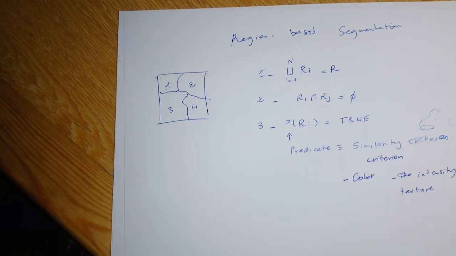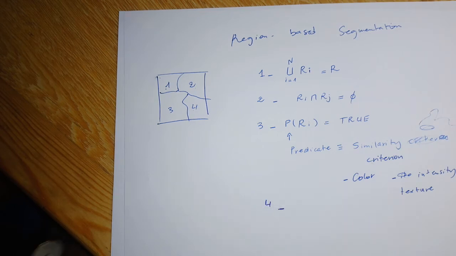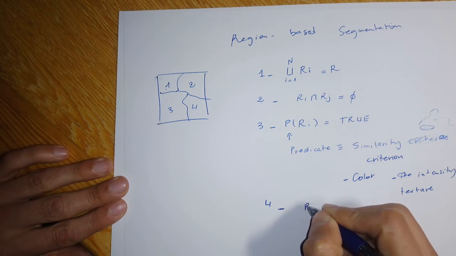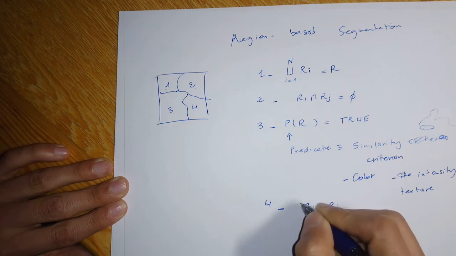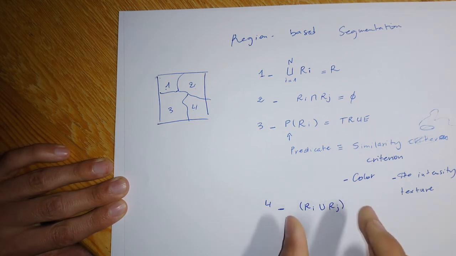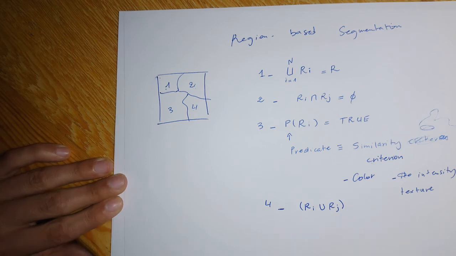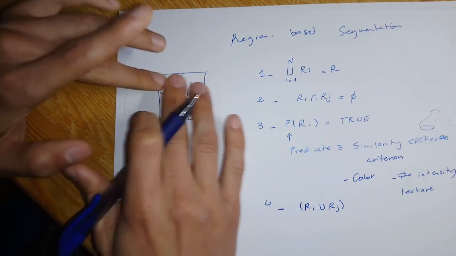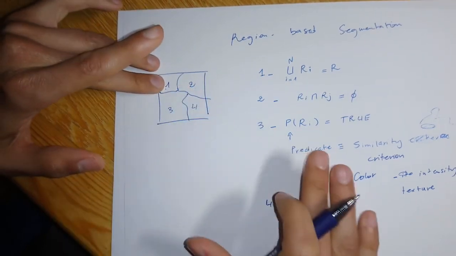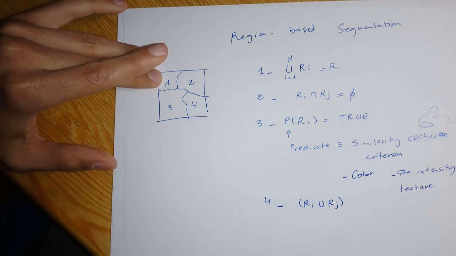And the fourth rule is that the union of two regions that are different should not satisfy the same similarity criterion. So for this region, for example, 1 and 2, their union should not satisfy the predicate that we defined for the segmentation.